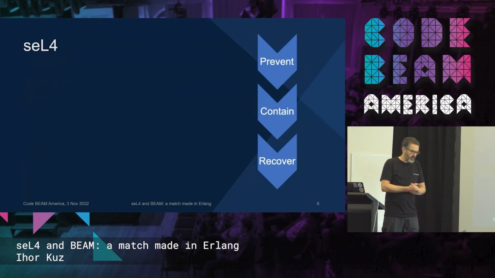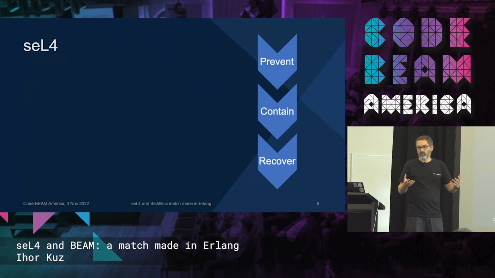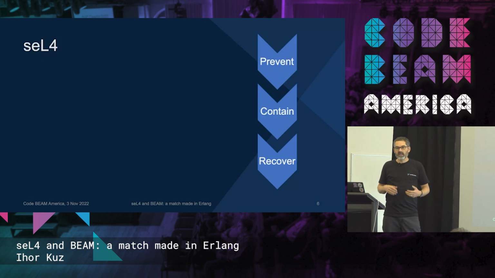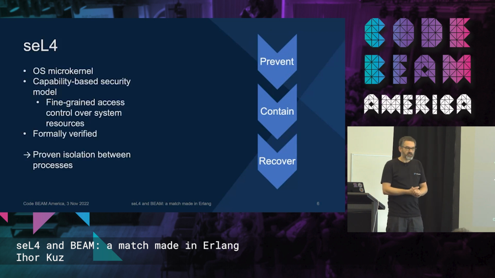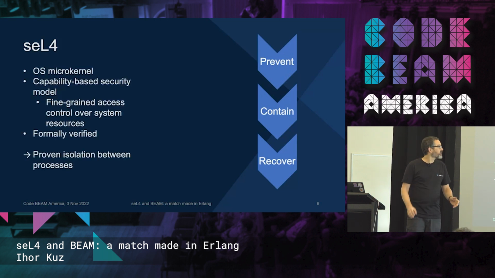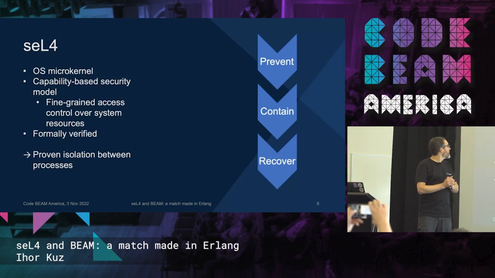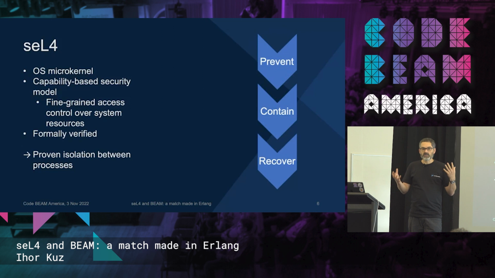So what we have is seL4. Most of you are probably not familiar with seL4, so I'll introduce that a bit and explain why this is the missing part. seL4 is an operating system microkernel. It's capability-based security, which means that you have fine-grained control over resources and access control to resources and who can access what. And it's formally verified, which means there's a mathematical proof of how it works and its correctness and so on.